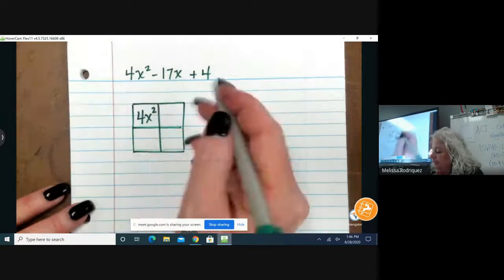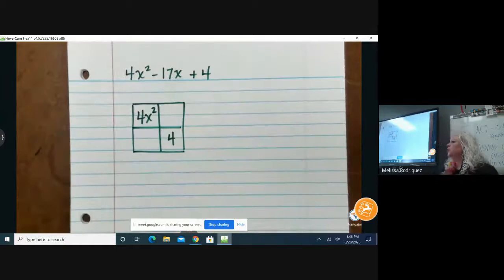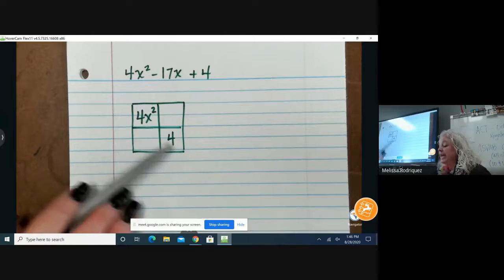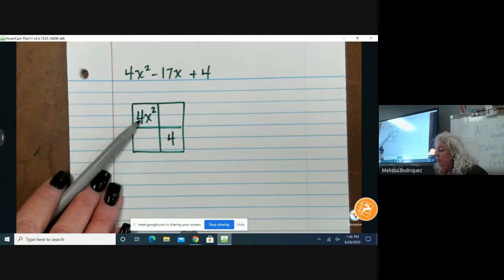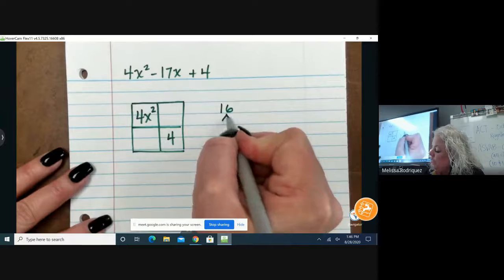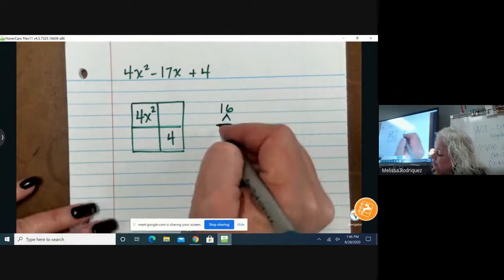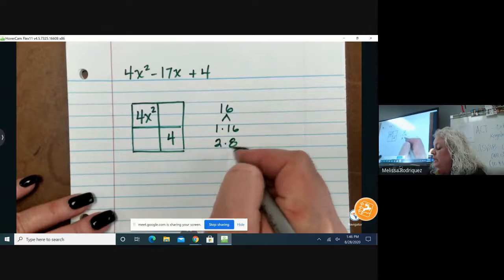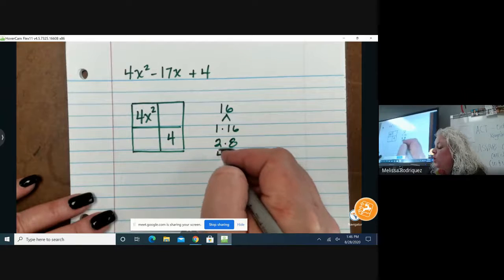I'm noticing it. So what are you going to multiply? What do you multiply to figure out your factors? 4 times 4. You got to multiply this number by this number. So 4 times 4 is 16. Let's do some factors of 16. 1 and 16. 2 and 8. 4 and 4.